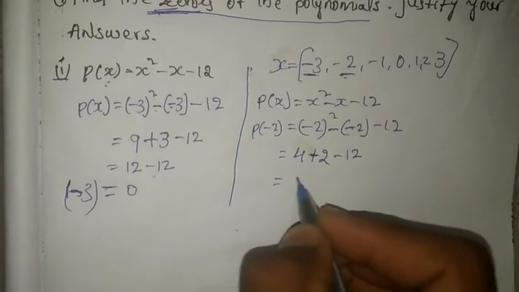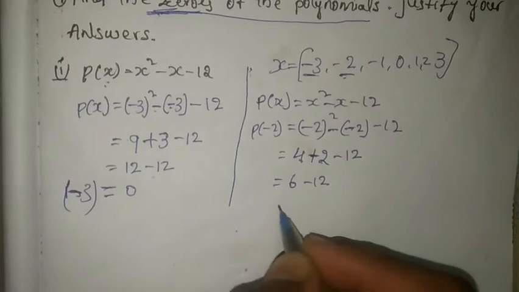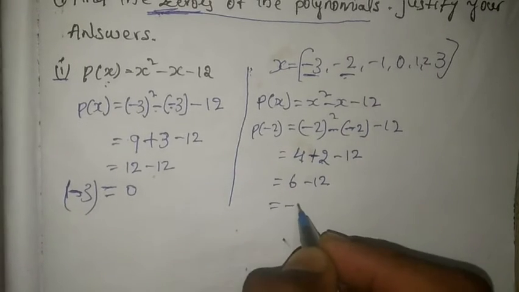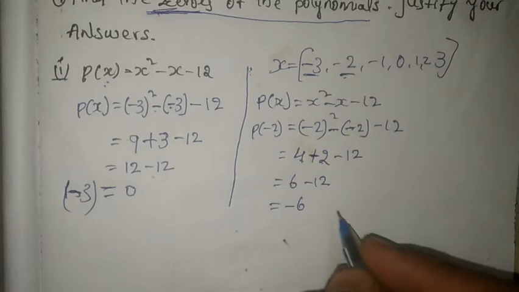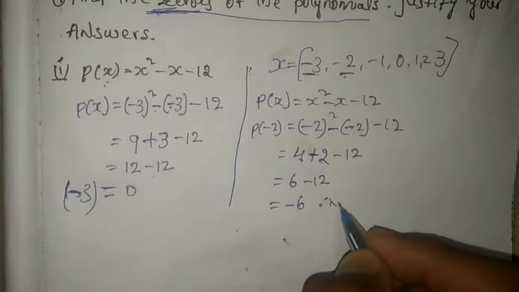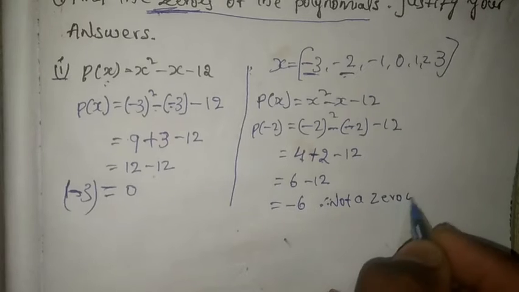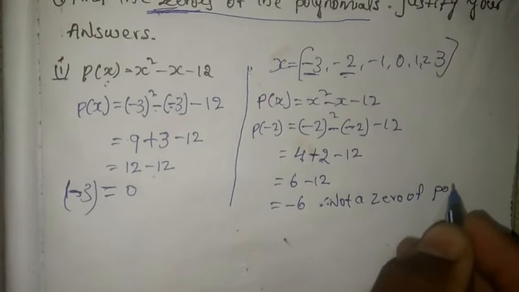So 4 plus 2 is 6, minus 12. So the answer is minus 6. So it is not a zero of the polynomial.